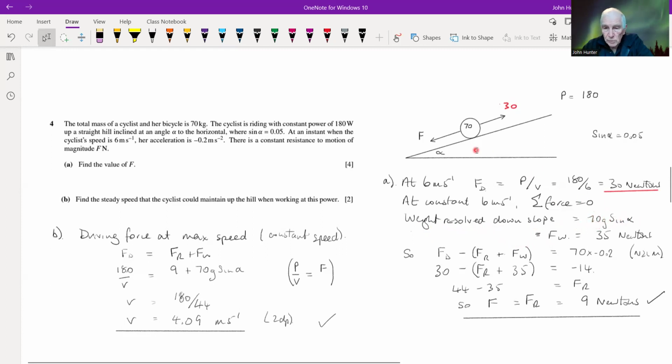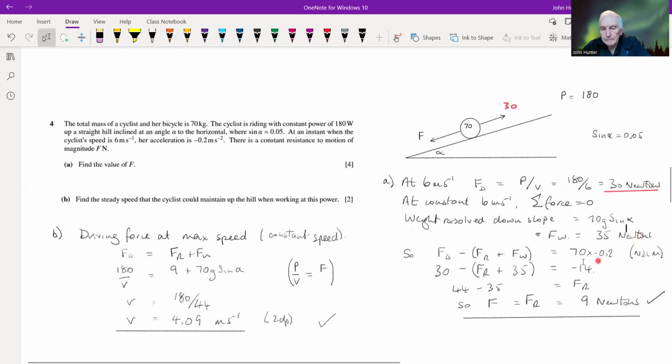But that's what we've got: 70g sine alpha, where sine alpha is 0.05. That means this force is 35 newtons, the weight resolved down the slope. So effectively the weight is pulling the cyclist back by 35 newtons of force.